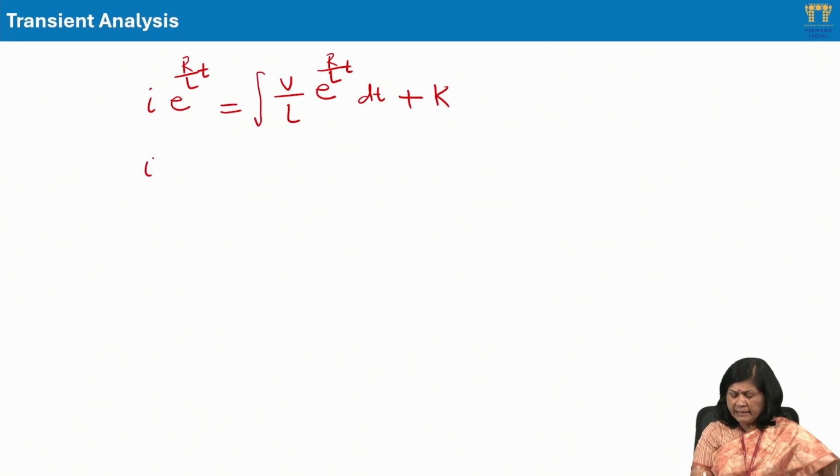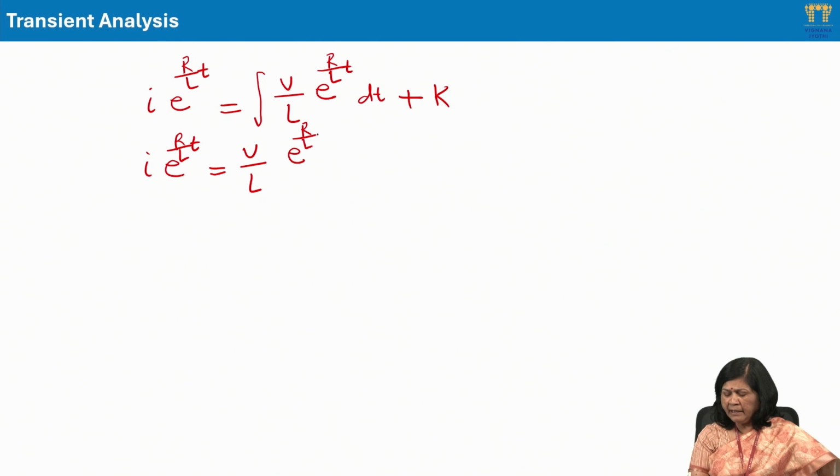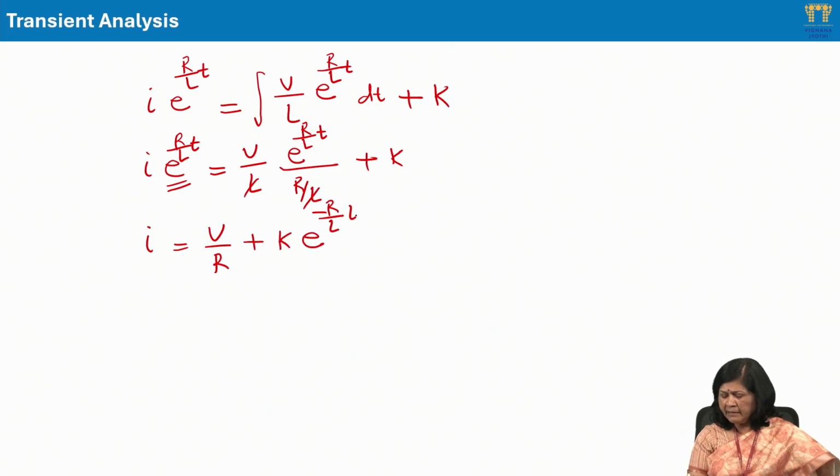So when you integrate this, i into e to the power R by L into t is equal to V by L e to the power R by L into t divided by R by L, plus k. When you divide this complete expression by this exponential term, you will get i equal to V by R plus k e to the power minus R by L into t.